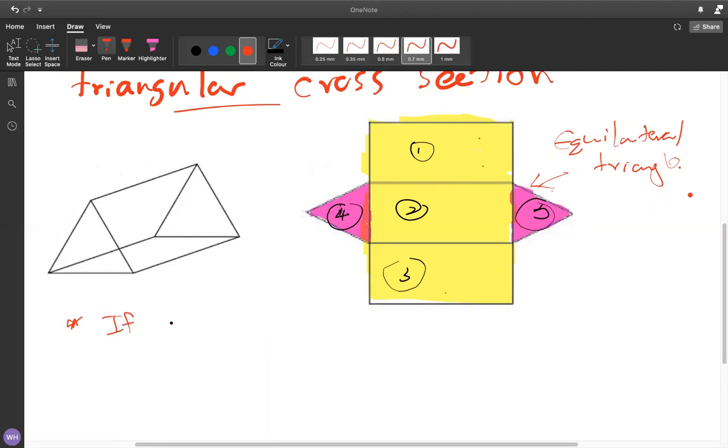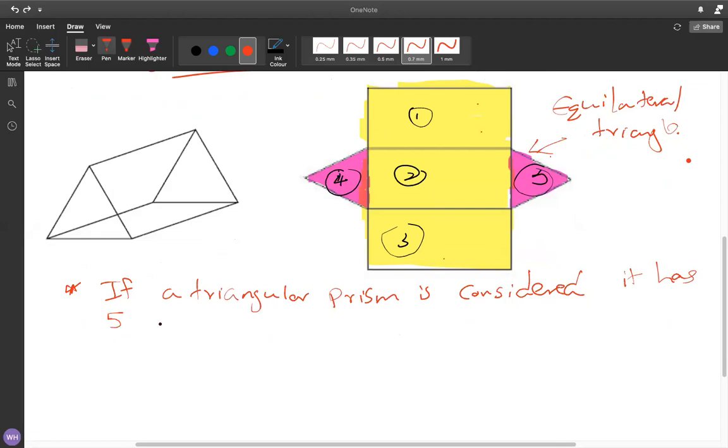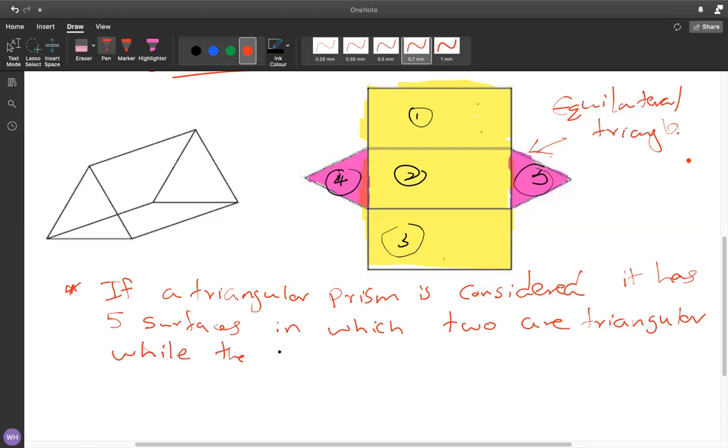ලියන්න, if a triangular prism is considered, it has 5 surfaces in which 2 are triangular while the other 3 are rectangular, right?